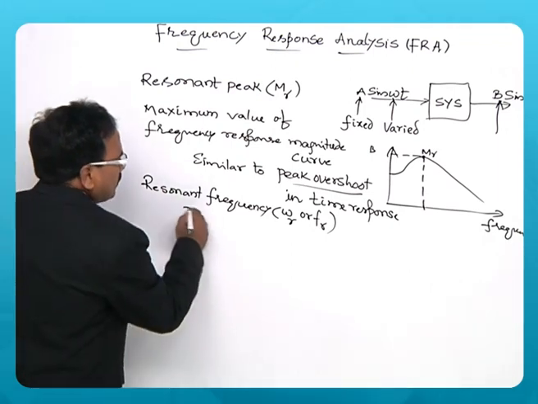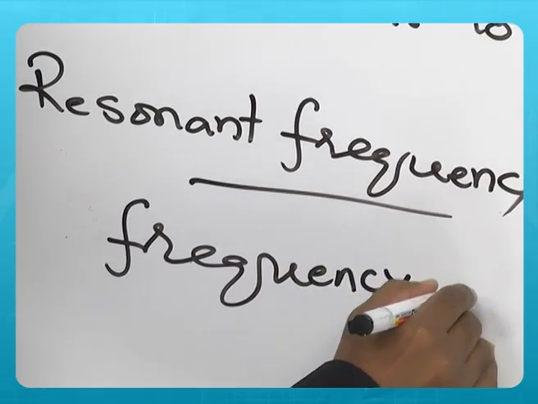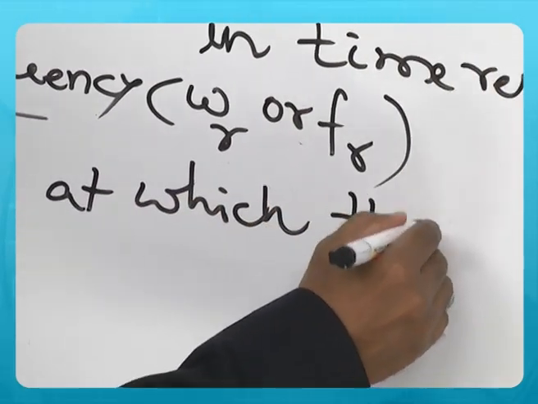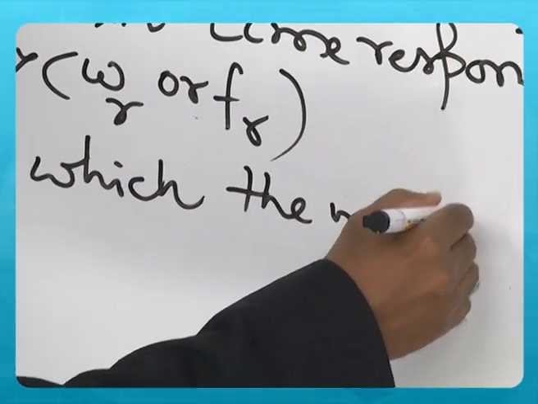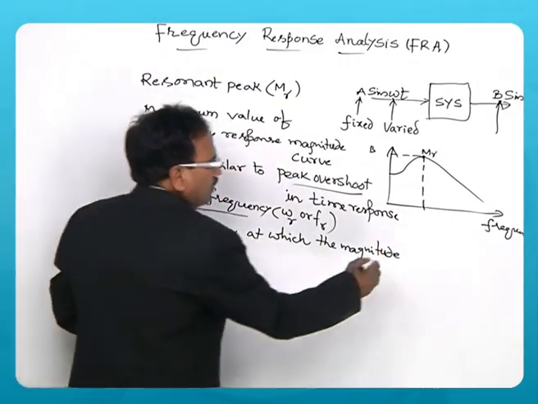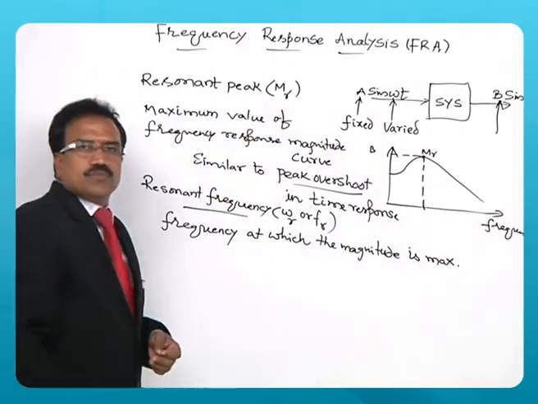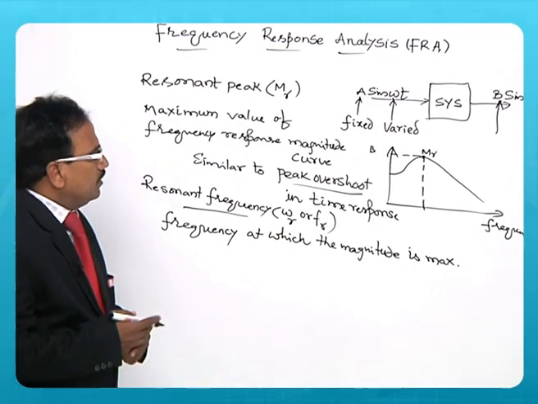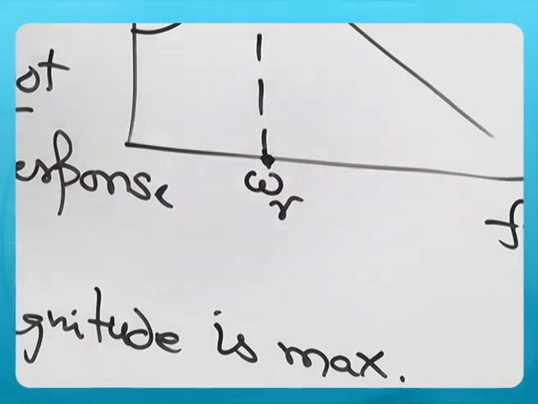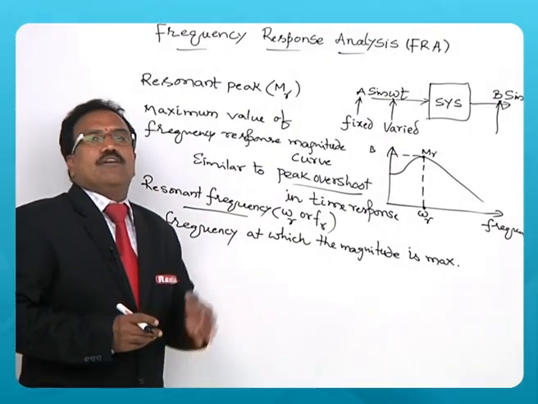So resonant frequency is the frequency at which the magnitude of the response curve is maximum. That can be seen from the graph. This is the point on the x-axis corresponding to resonant frequency, where the amplitude is maximum.